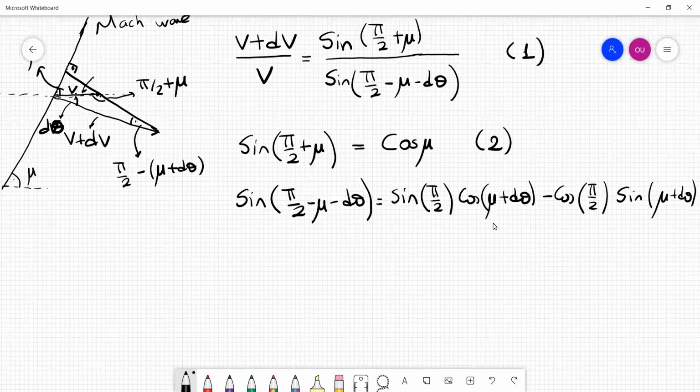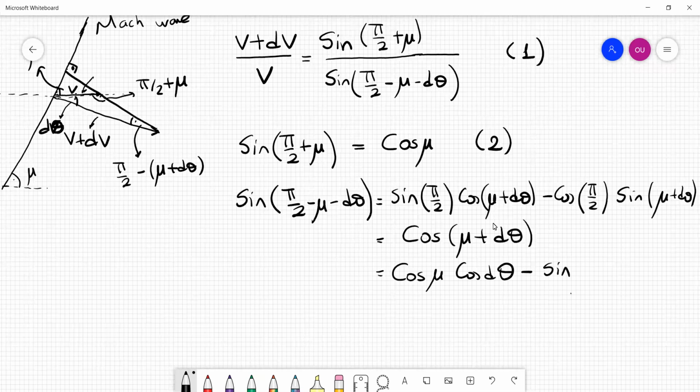Sine(pi over 2) is 1, and cosine(pi over 2) is 0. So that's why we end up with this equation. This becomes equal to cosine(mu plus d theta). And we open up this one. We don't stop there. This is equal to cosine mu cosine d theta minus sine mu sine d theta. So let's call it equation 3.